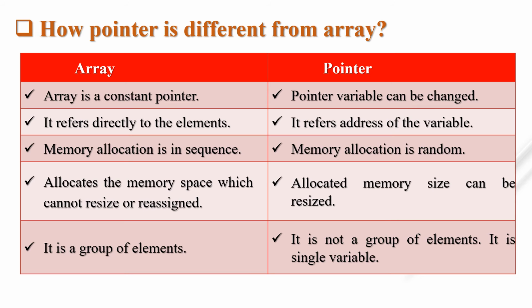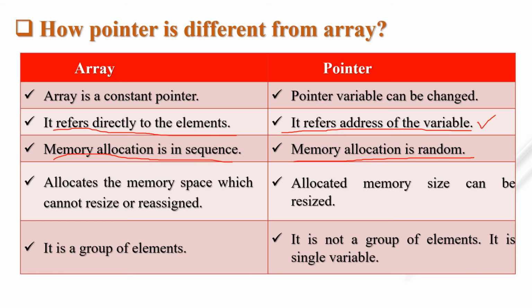So this is the difference between pointer and array. How is it different? An array is a constant pointer, as we know, but a pointer variable can be changed. An array refers directly to the element, but a pointer refers to the address of the variable, because a pointer stores the address of another variable. So array memory locations are in sequence, but in a pointer the memory location is random.